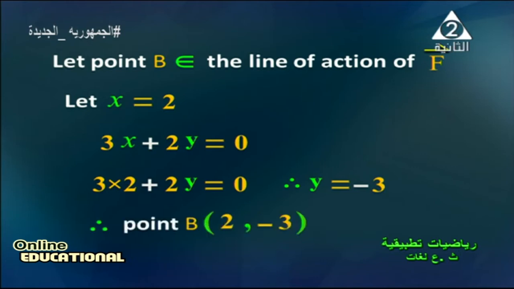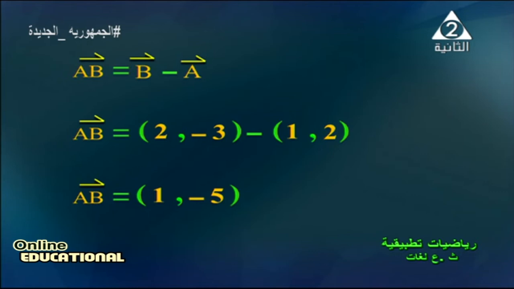Then the point B is (2, negative 3). Now, what about vector AB, or vector R? The position vector R, or vector AB, equals vector B minus vector A. Vector B (2, negative 3) minus vector A (1, 2). Then vector AB equals (1, negative 5).